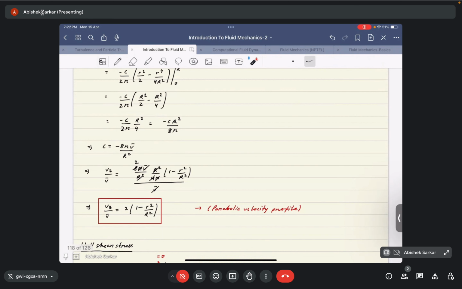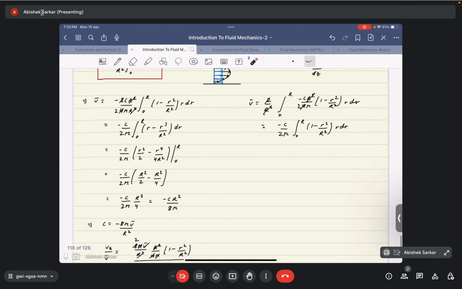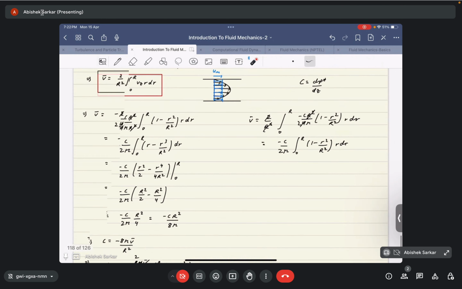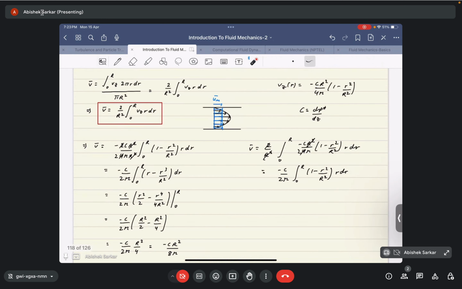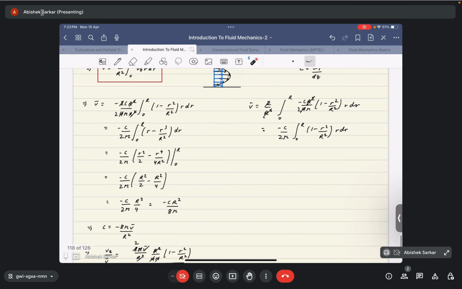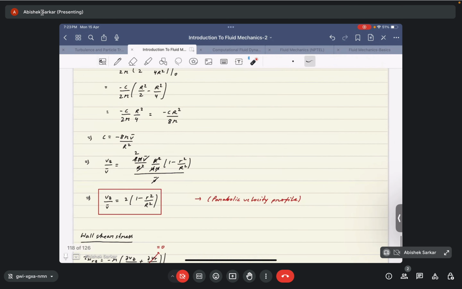Now if we take the ratio of v bar and vz, because vz is this and v bar is minus c R square by 8 mu, we get that vz by v bar will be equal to 2 times the bracket 1 minus small r square by capital R square.